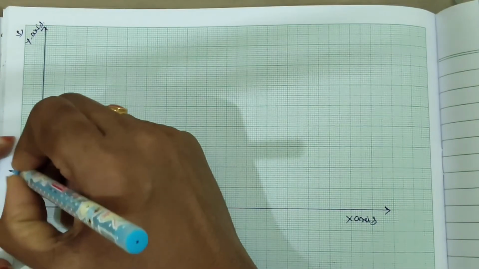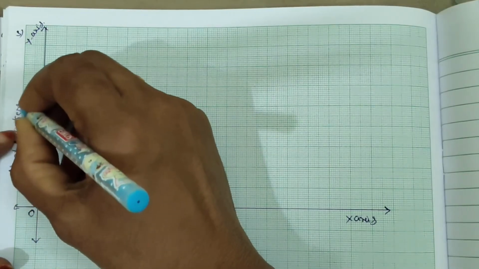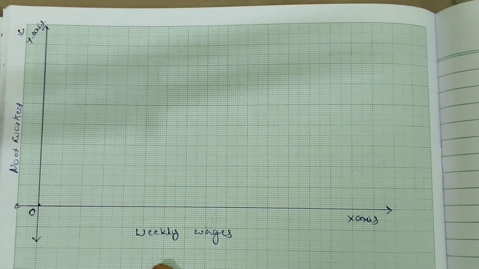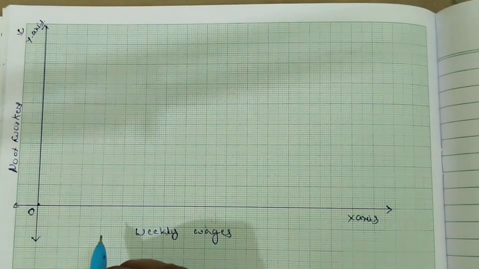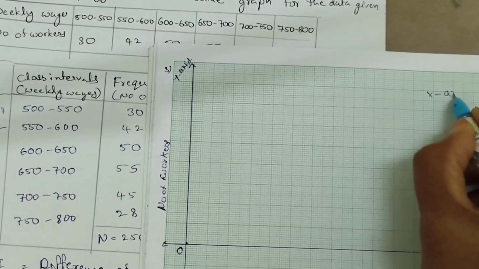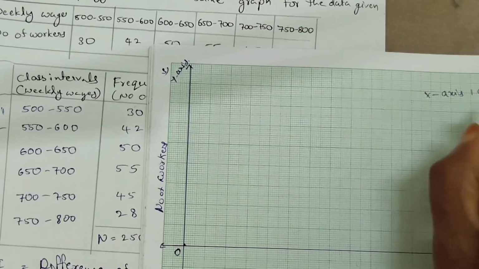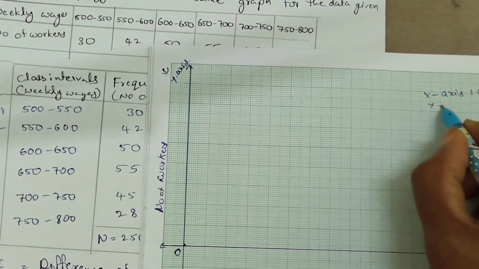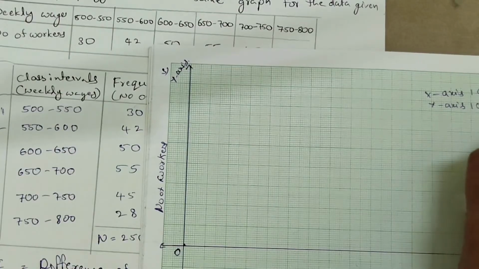Next, on the y-axis, number of workers. Number of workers on the y-axis, weekly wages on the x-axis. So now we write the scale. On the x-axis, 1 centimeter is equal to 50 numbers. Next, on the y-axis, 1 centimeter is equal to 10 numbers.